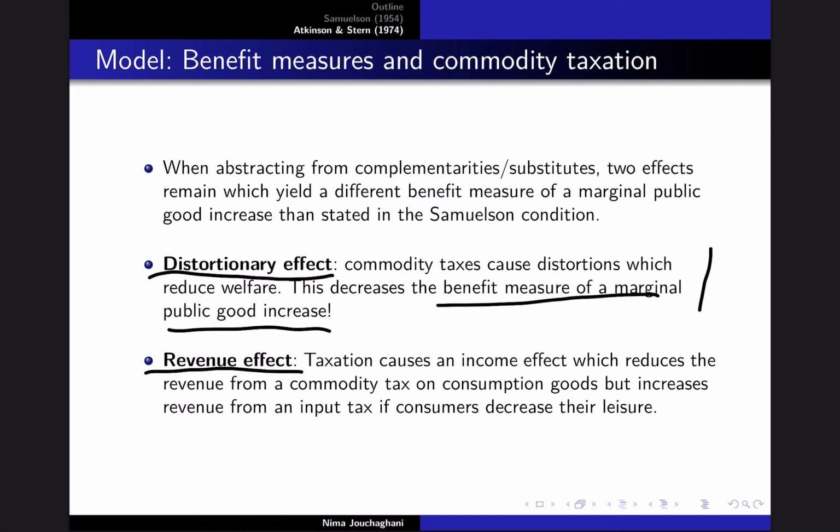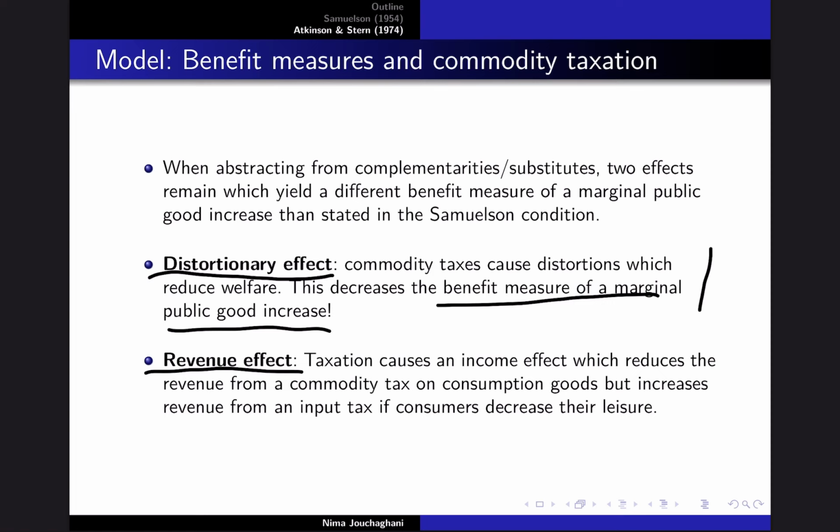Yeah, and if leisure is a normal good, so if the price of leisure is increasing, then you will have a positive sign with respect to the revenue due to input taxes. Okay, so then it's unclear what kind of sign the total revenue effect will have.